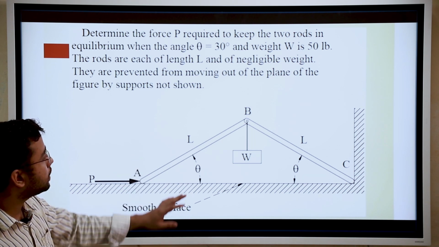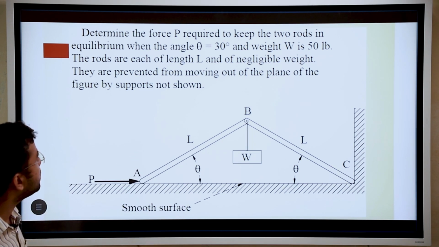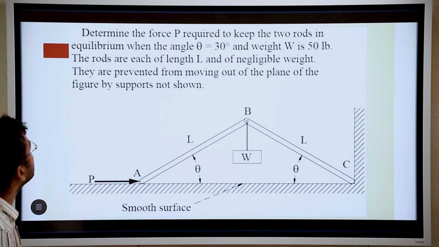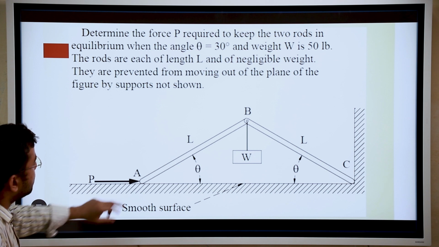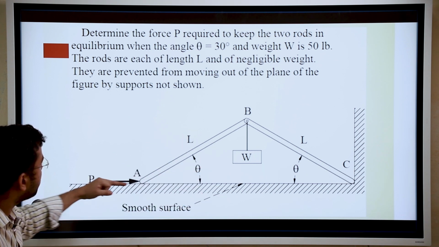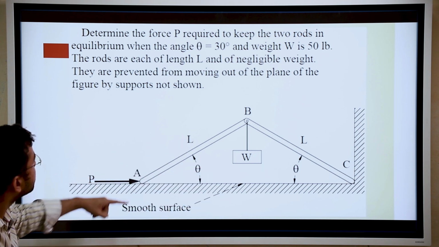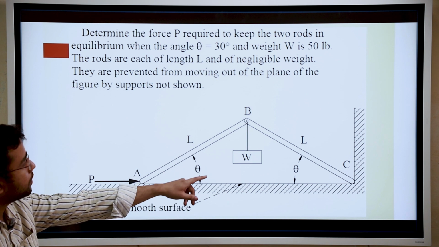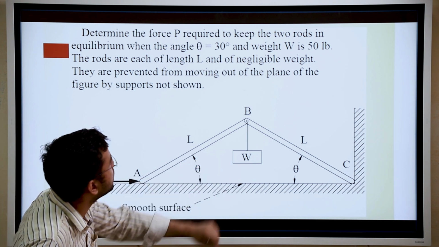So this is the question, and I will just read it out. Determine the force P required to keep the two rods in equilibrium. These are the two rods and we have to find this force P, when the angle theta is equal to 30 degrees and weight W is 50 pound.